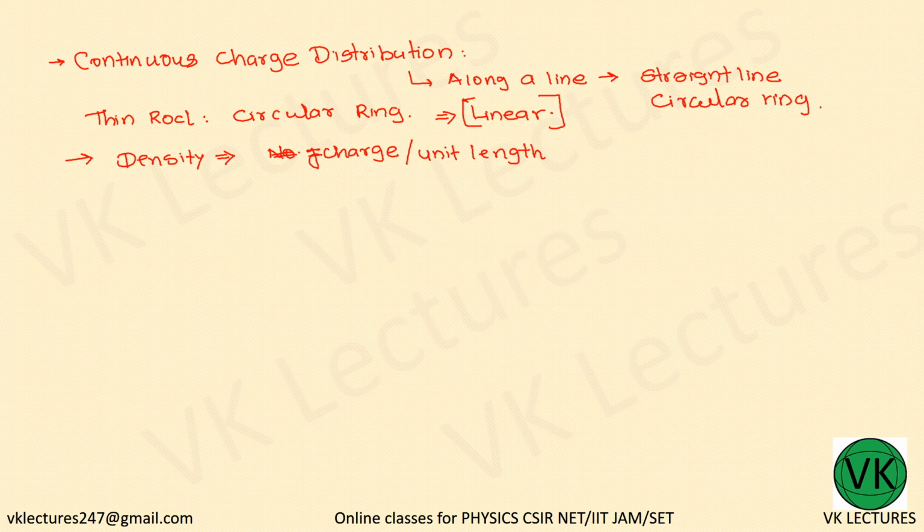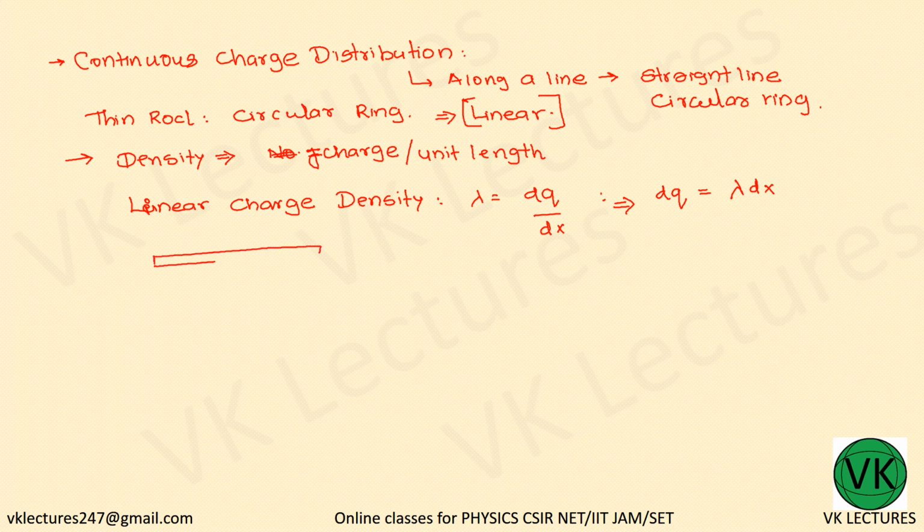So there is a quantity called linear charge density, given by lambda equal to dq by dx, where q is charge and x is the linear distance. Or you can write dq, small charge, equal to lambda times dx. Now you have a very thin rod.